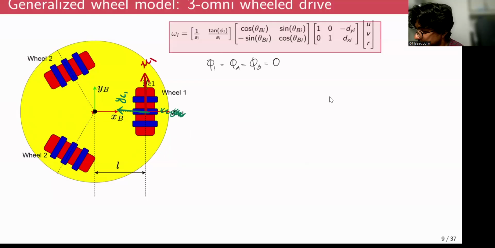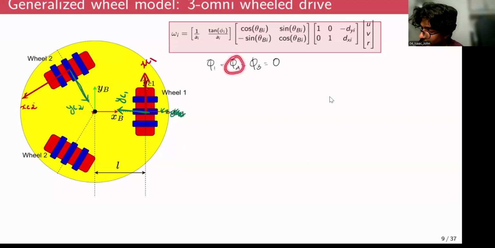Right? Because if you want to take another example, XC2 would be something like this, along the longitudinal direction of the second wheel. This is XC2, and YC2 would be something like this. This is YC2. And in case of the second wheel, the passive roller here is aligned with respect to the YC2 axis.